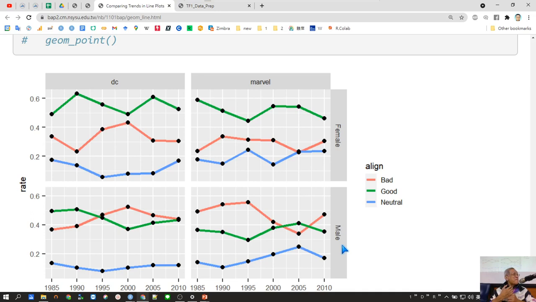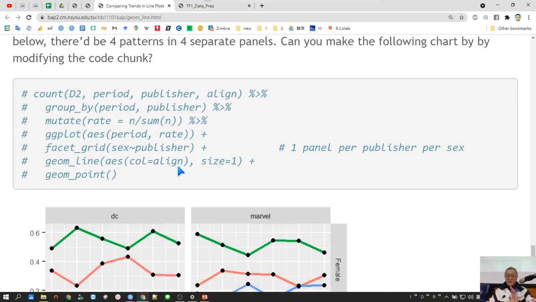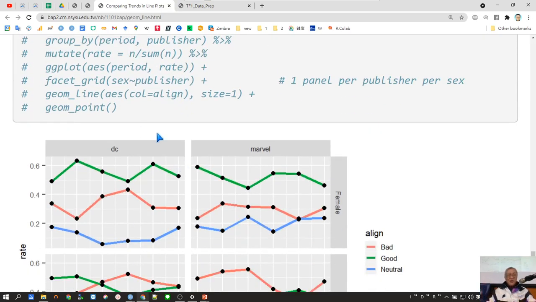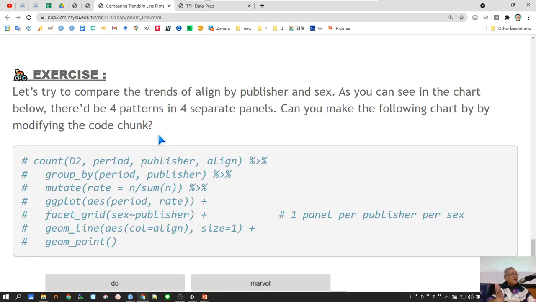I mean, this plot is actually trying to discover the trend of sex and alignment by publisher, isn't it? Right? So this is the way to do it, right? And well, if you look into the notebook, you will actually see the answer inside the notebook. But I just want you to try to do it by yourself. Okay, this is a way of data exploration, right?